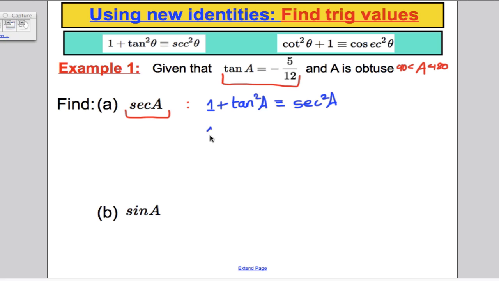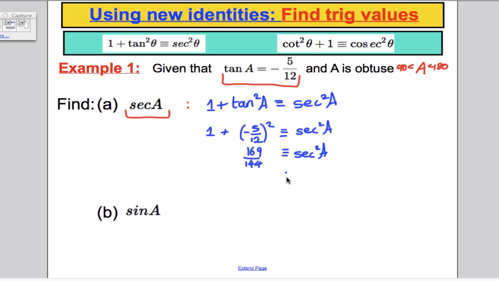So 1 plus, well, (-5/12) squared must be identical to sec squared A. And we can work that out in our calculator. And when we work that out, we get that sec squared A must be equal to 169 over 144.